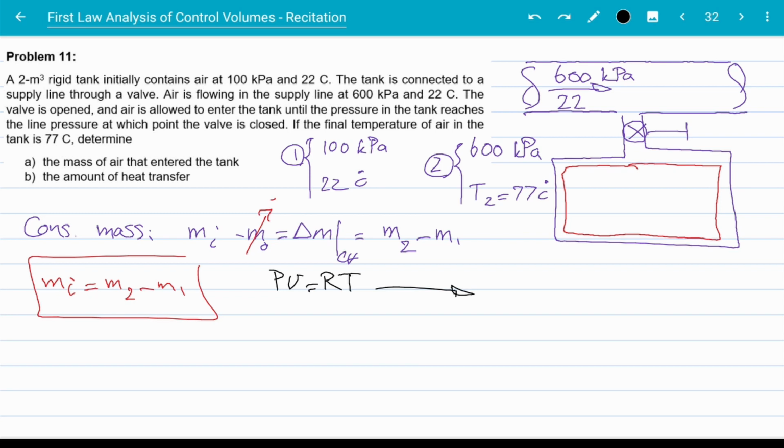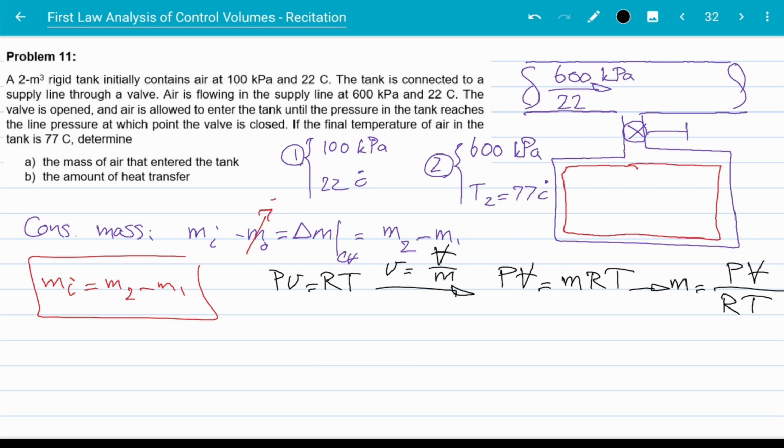Now I can use the definition of specific volume, total volume over mass, and plug it into the ideal gas equation and get pressure times total volume is mass times gas constant times temperature. Playing with this equation, I get that the mass is pressure times total volume over gas constant times temperature. So this is the equation that I'm going to use.